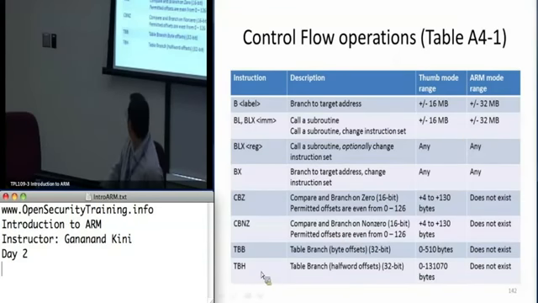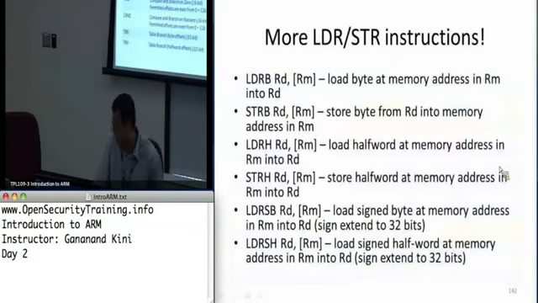And TBH does exactly the same thing, but instead of reading a byte at that address, it reads a half word, so you get a larger range for jumping. Does that make sense? Perfect.